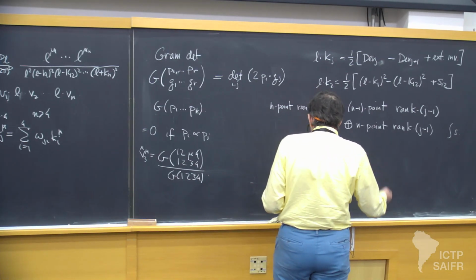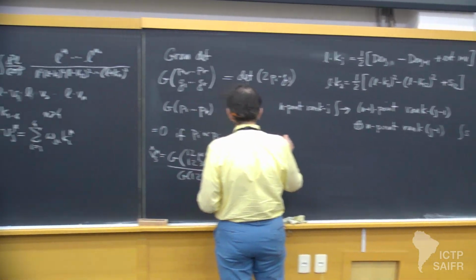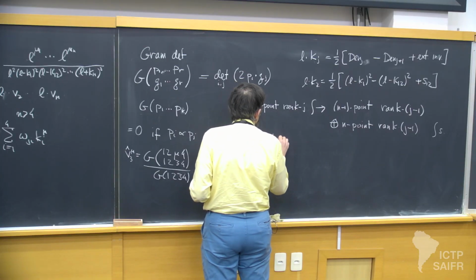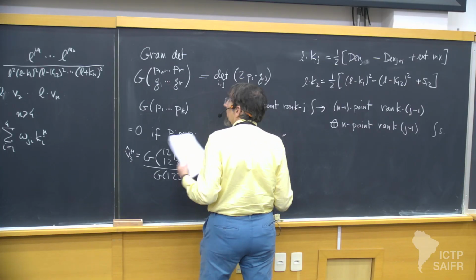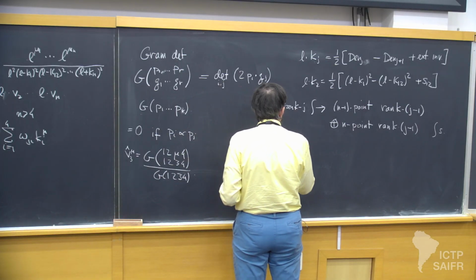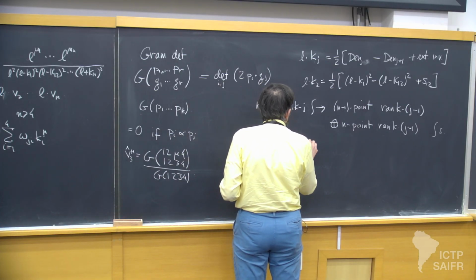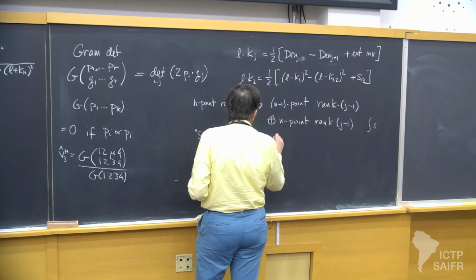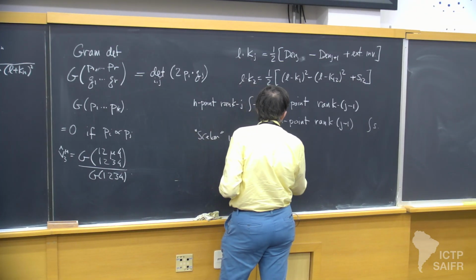So if we iterate this procedure, then ultimately we'll get down to what I'm going to call scalar integrals. That is, integrals that have no powers of the loop momentum in the numerator. And these scalar integrals can go up to n-point ones.